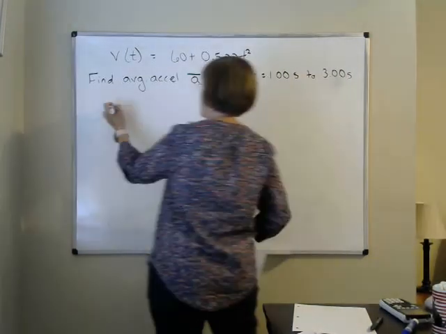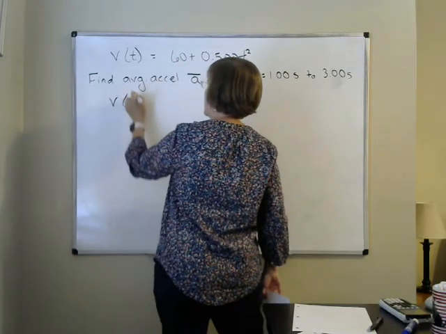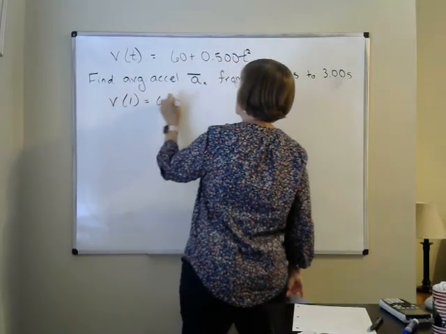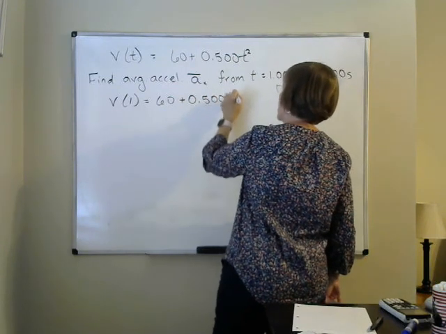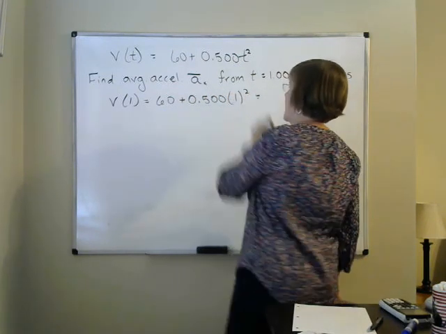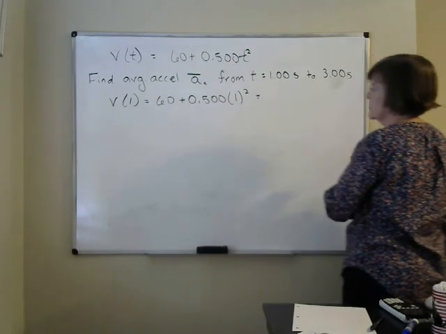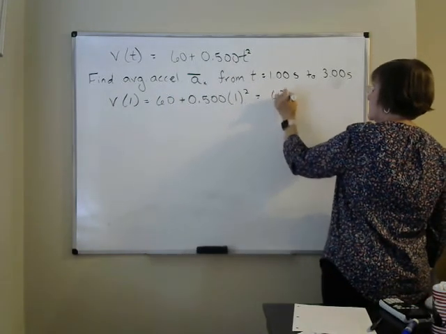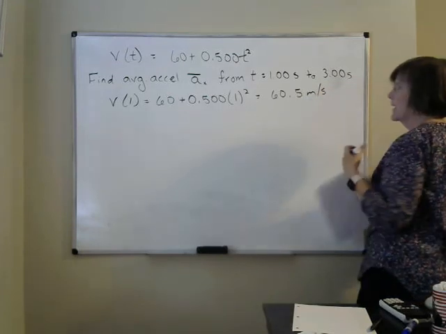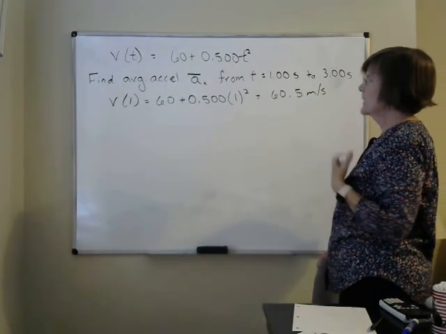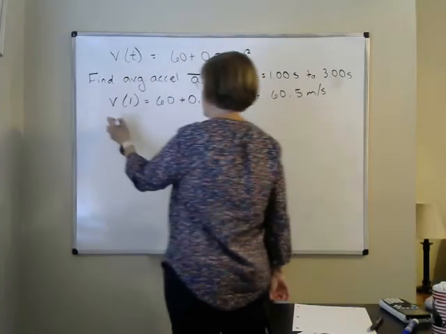Well, the velocity at 1 second is 60 plus 0.500 times 1 squared. I just plug that in. That's just going to be 60.5 meters per second. If I say, what's the velocity at 3 seconds?